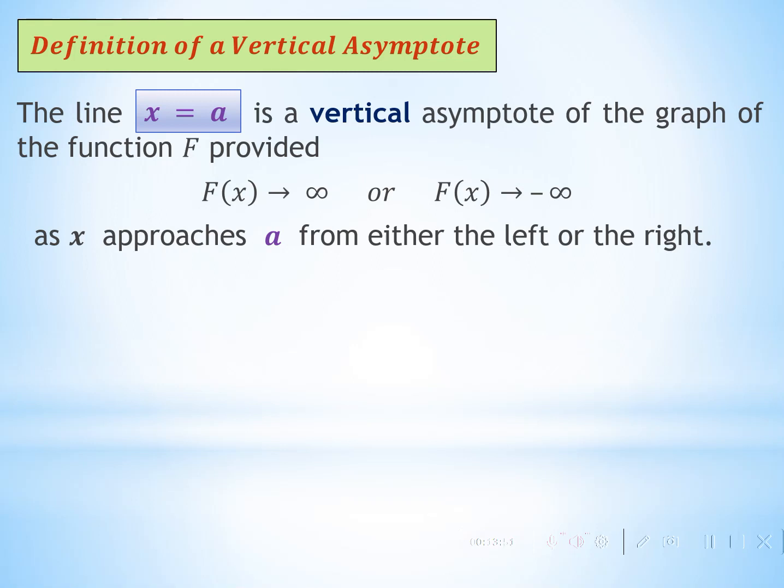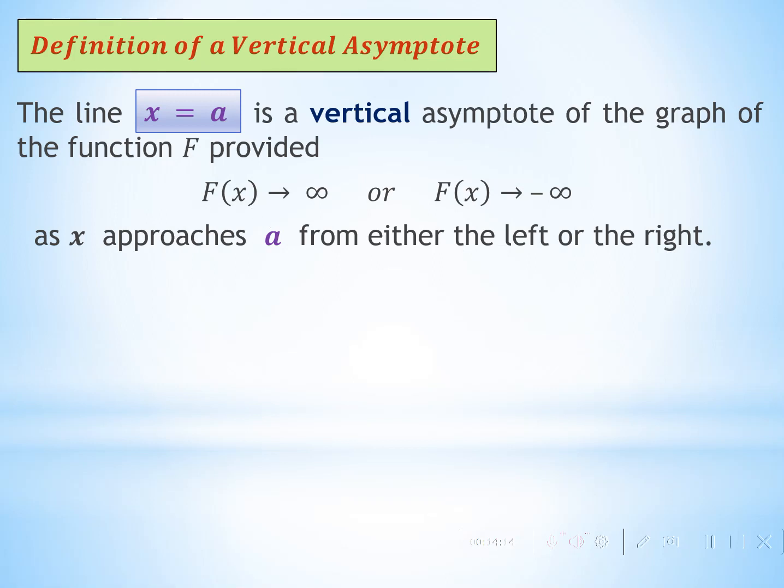This means that if the curve of the function goes to infinity or negative infinity when x approaches a from right or left, then we have a vertical asymptote whose equation is x equals a.